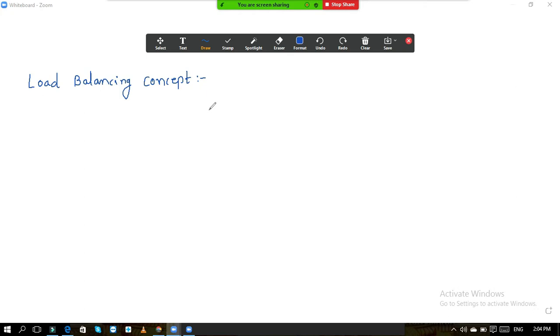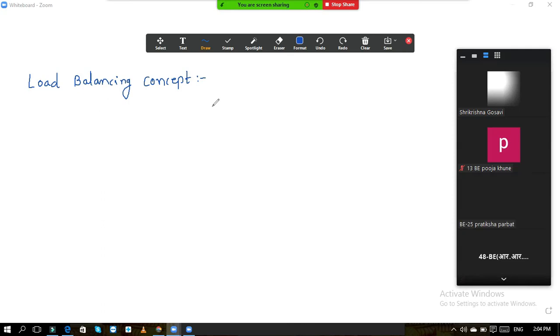Here on this beam, which type of load is acting? UDL or UVL? UDL is acting, and a parabolic tendon is there.